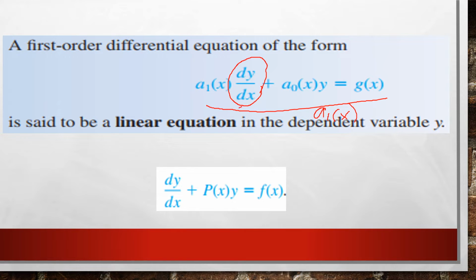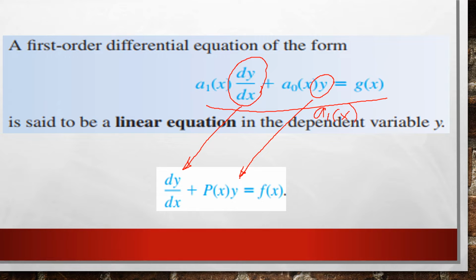What's left here is dy/dx. That one, a0(x) divided by a1(x), will have p as a function of x, and what's left is y here.